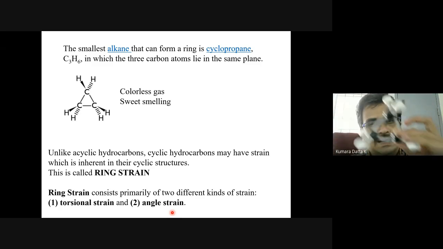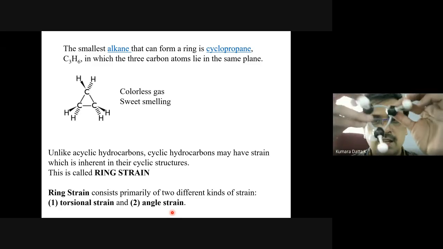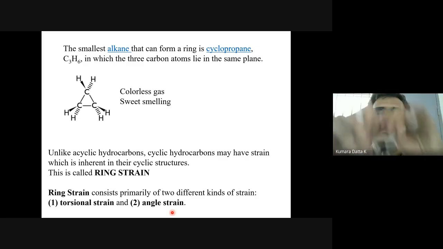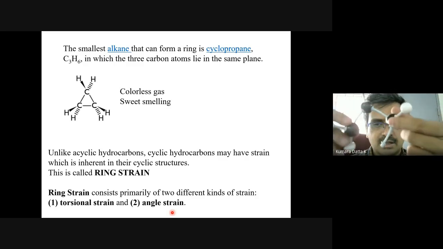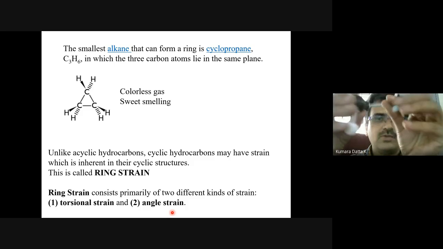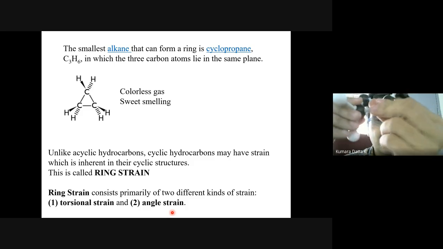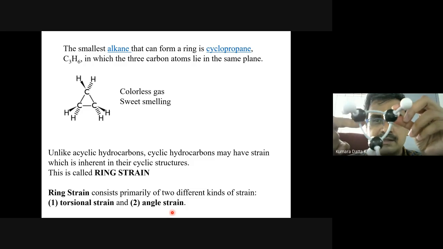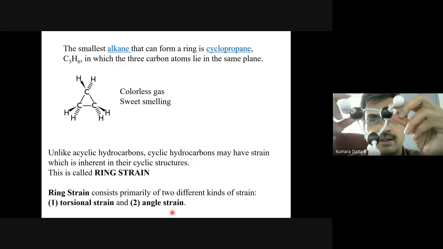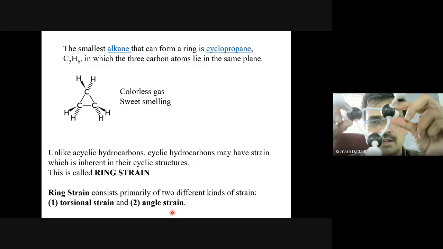But this kind of strain, you see, if this is the structure and I want to connect to this carbon atom, you see the bonds are not straight, they are bent. All of you can understand that?